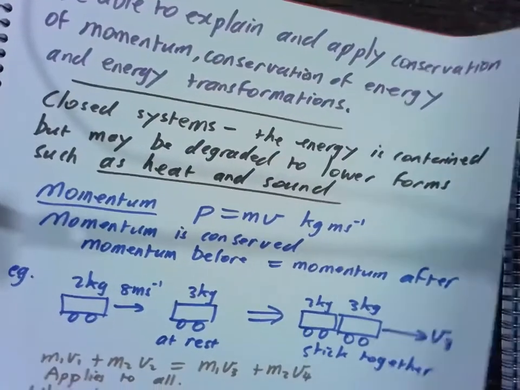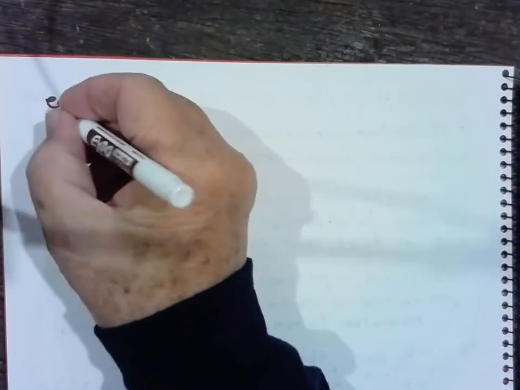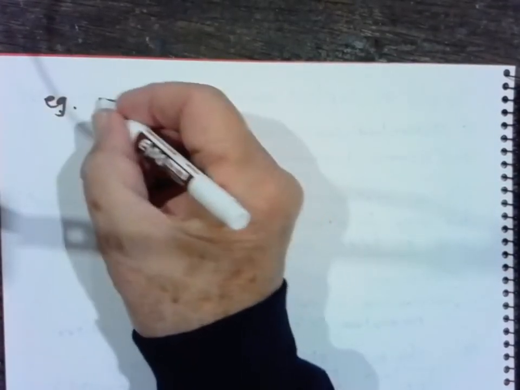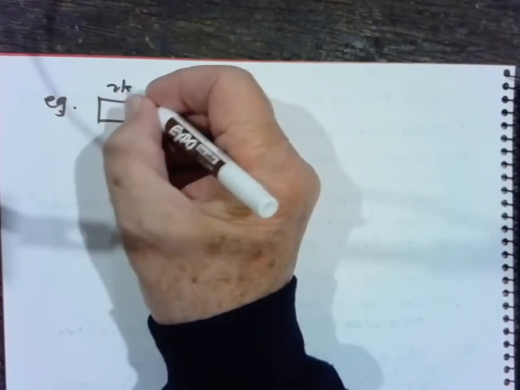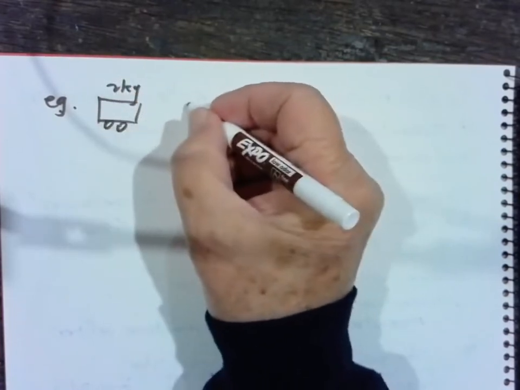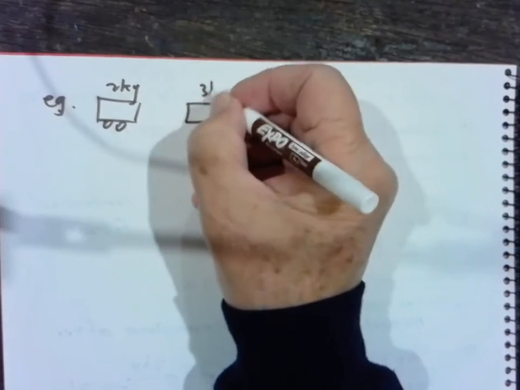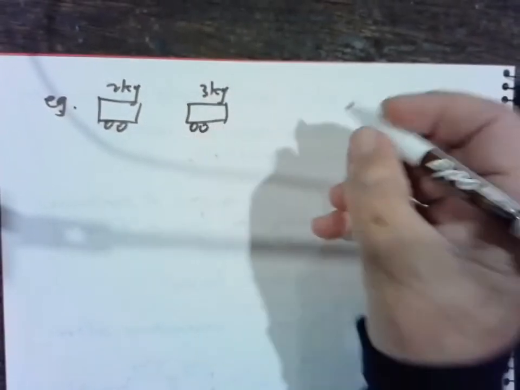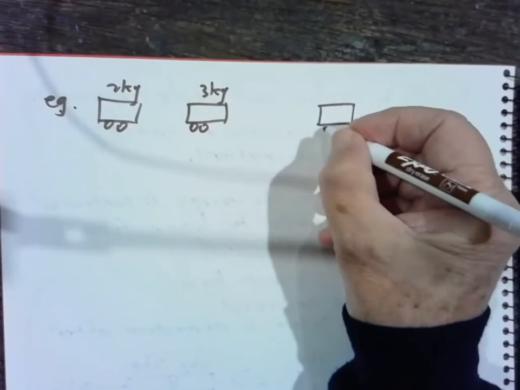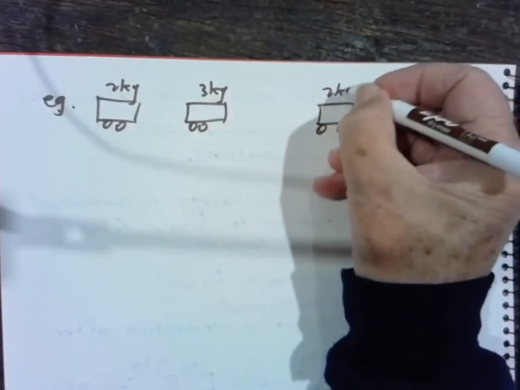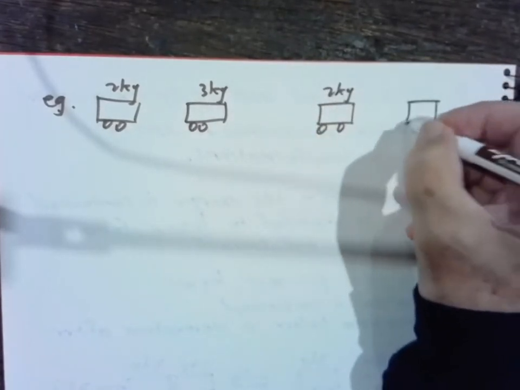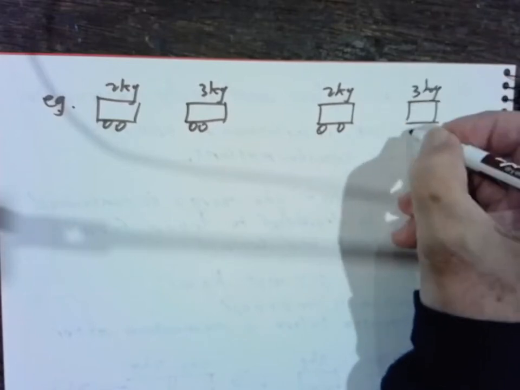Let's do another example. So, example 2. Same 2 carts as before. 2 kilograms, 3 kilograms, and afterwards 2 kilograms, 3 kilograms.